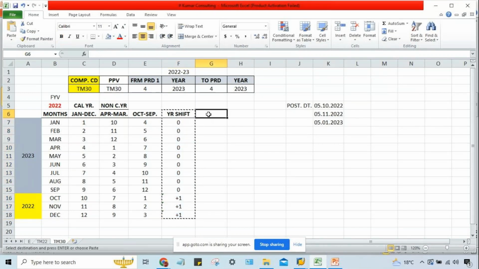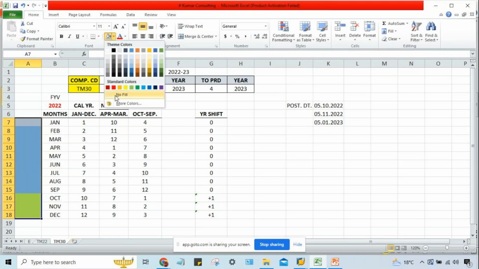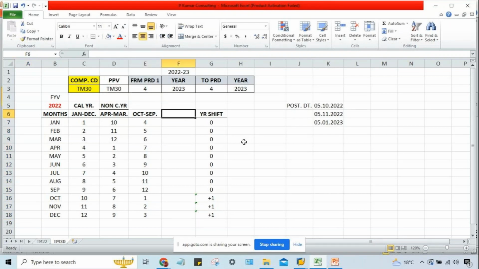Understand the logic. July to June is also an example, guys.